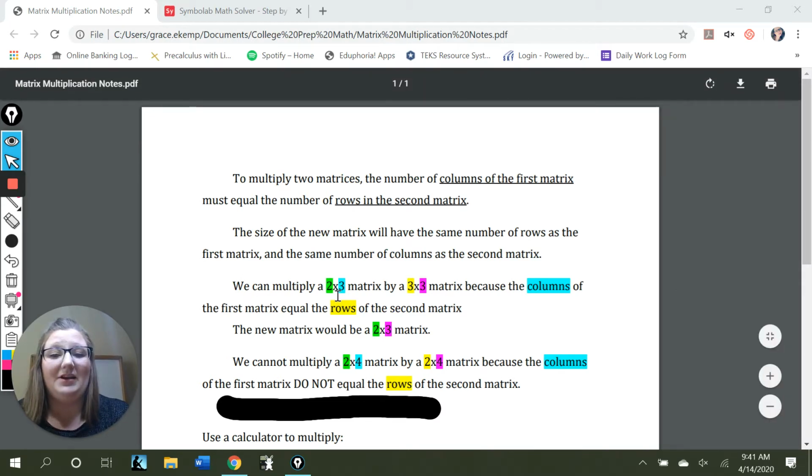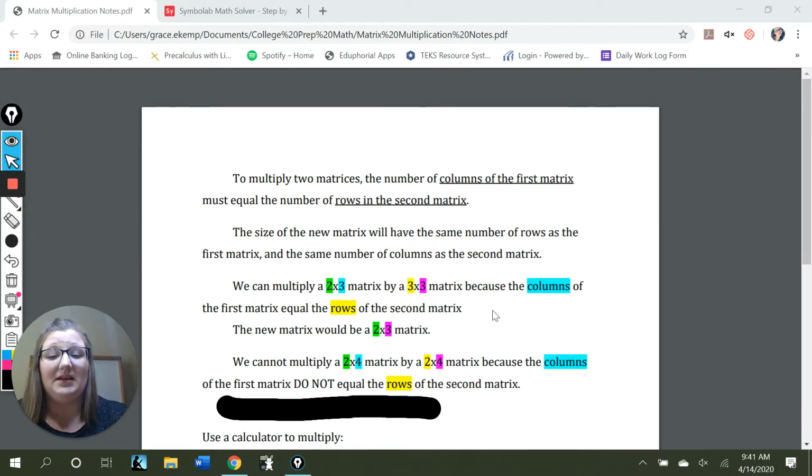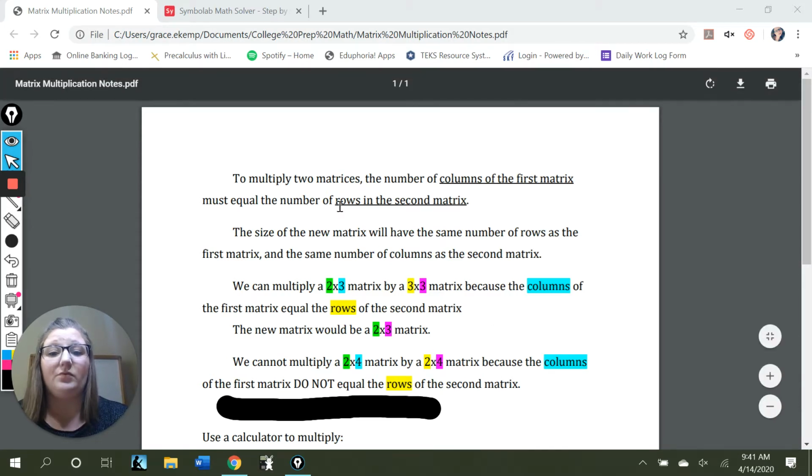So if we had a 2x3 matrix and a 3x3 matrix, to figure out if we can multiply them together, we're looking at the columns in the first matrix and the rows in the second matrix. When we look at the columns of the first matrix, that's this number right here. The second number is the columns. So our first matrix has 3 columns.